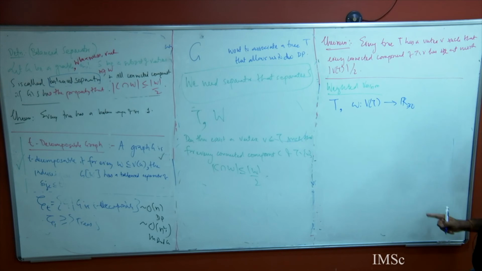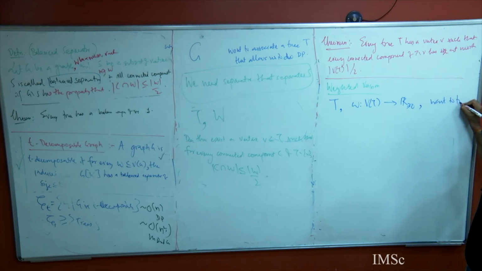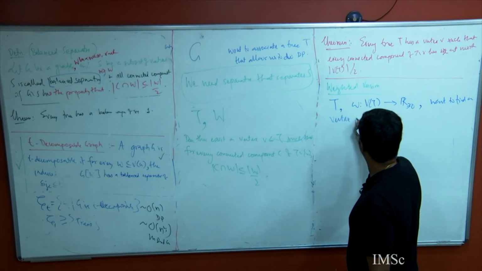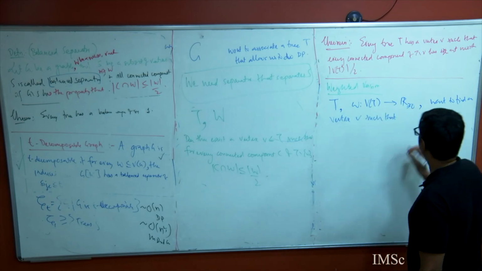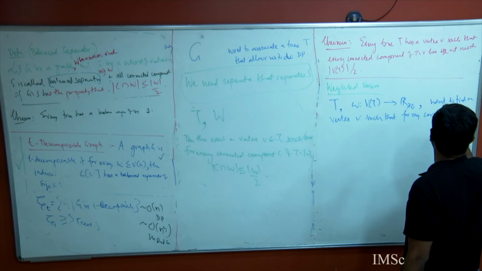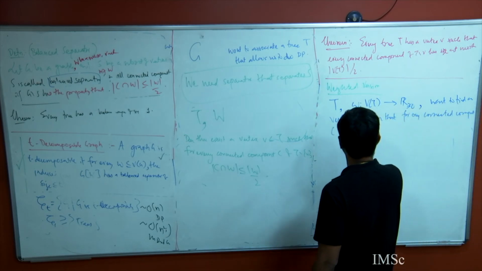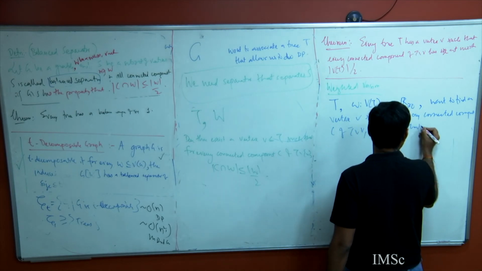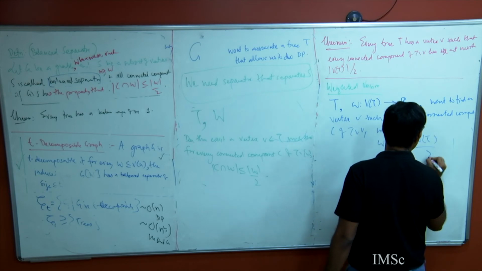Want to find a vertex V such that for any connected component C of T minus V, we have that the weight of C is less than or equal to the weight of T divided by 2.